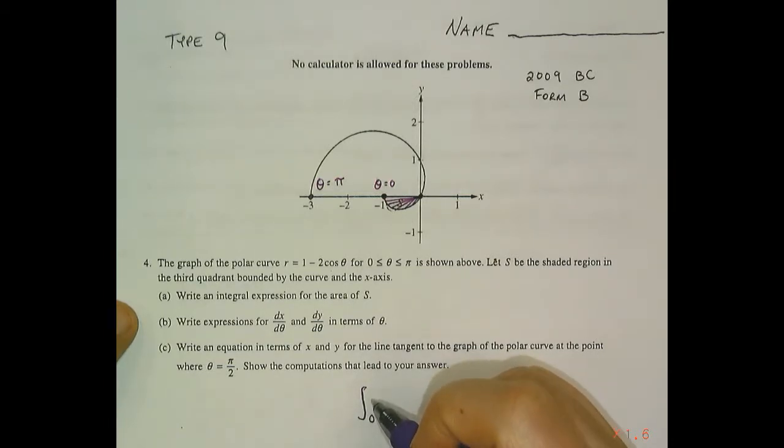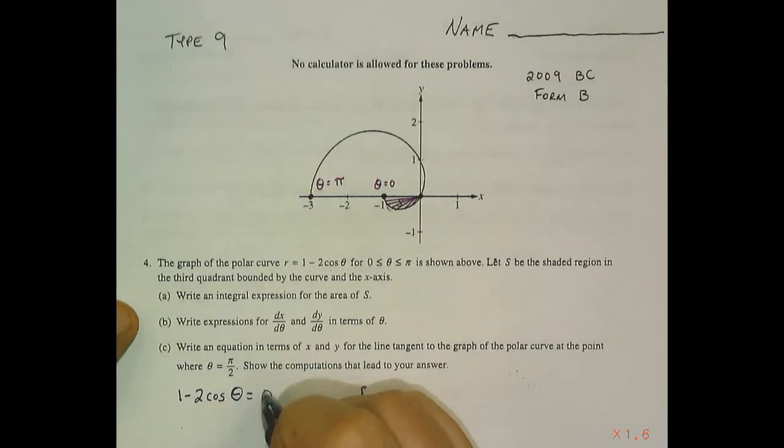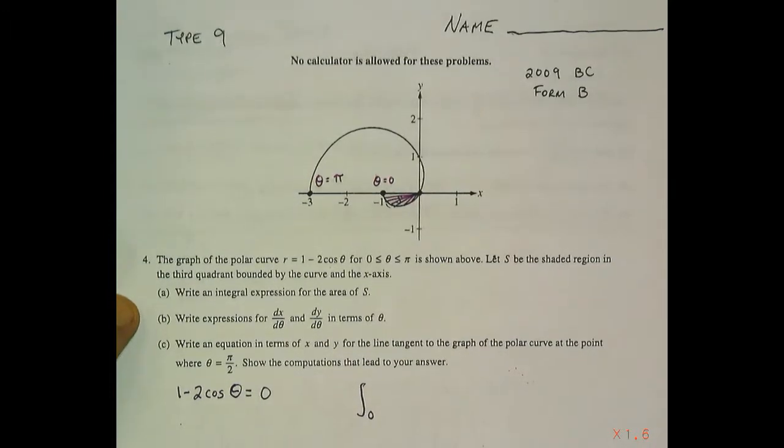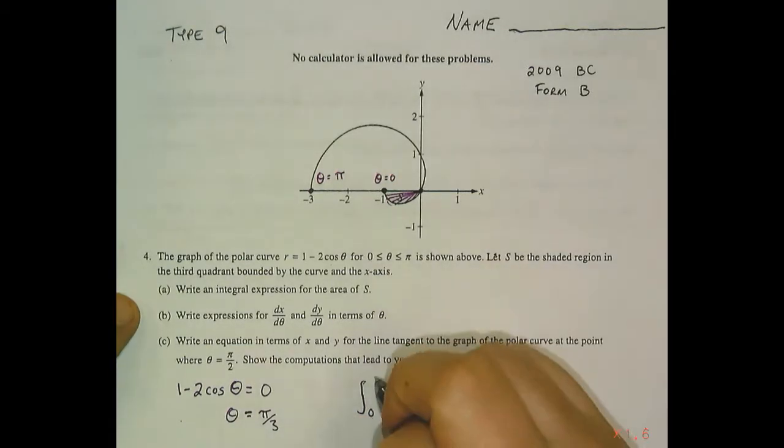In order to find a polar 0, we set the radius equal to 0 and solve that equation. Solving this equation, we find the polar 0 occurs at pi thirds. So our shaded region goes from 0 to pi thirds.